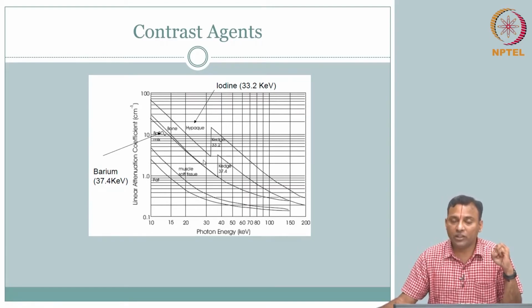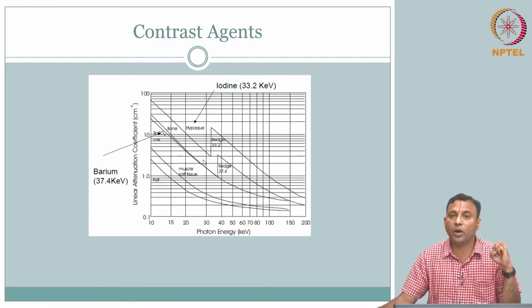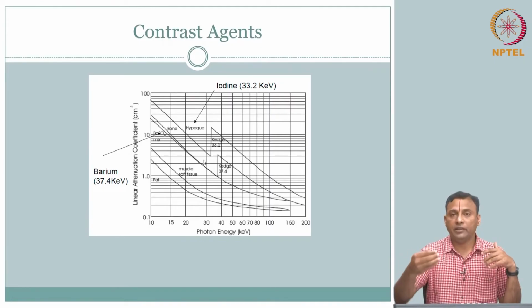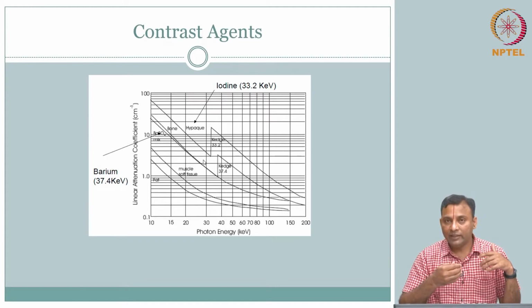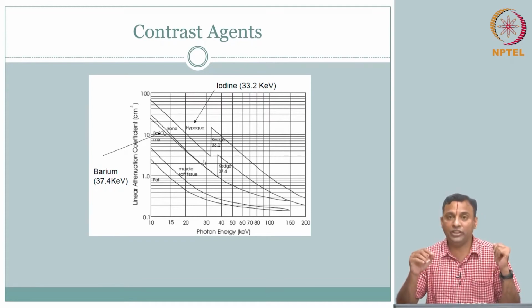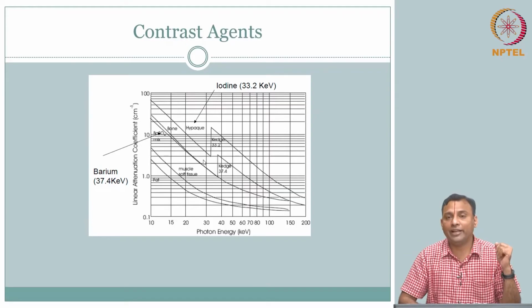When we talked about the probability of photoelectric interactions, we talked about these energy levels. At that time we mentioned that if the incoming energy is close to the K shell binding energy of a material, there is a sudden increase in the probability of the photoelectric effect.